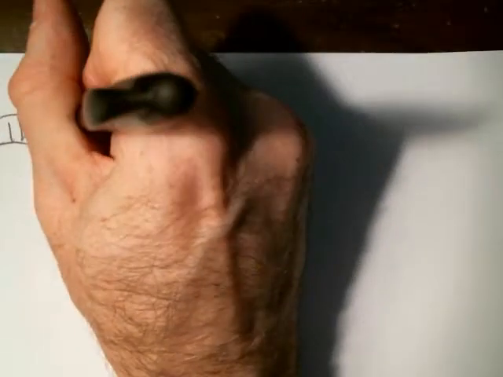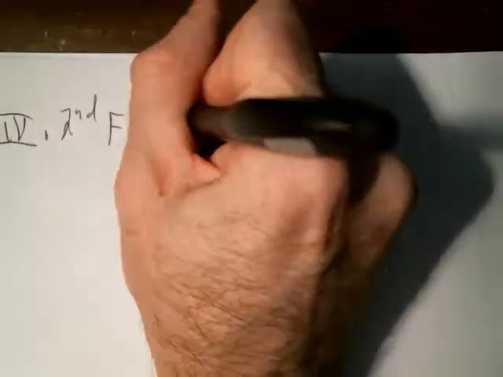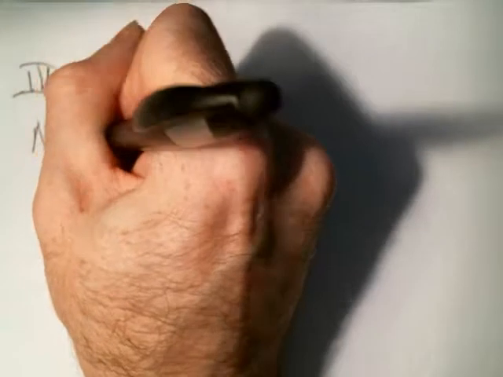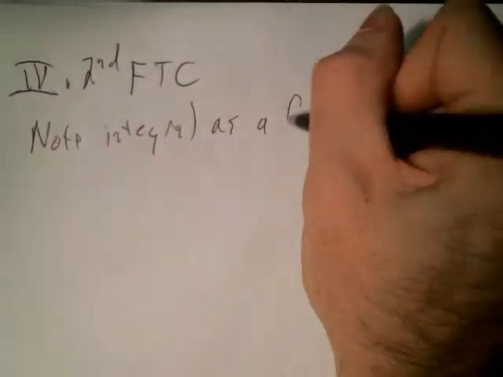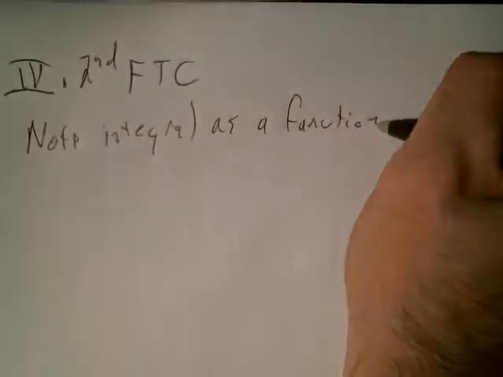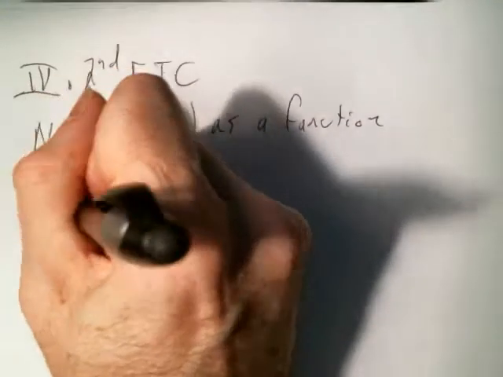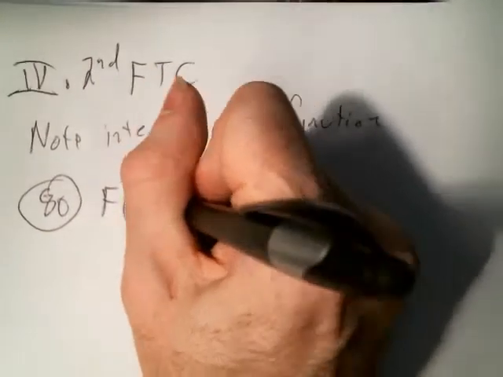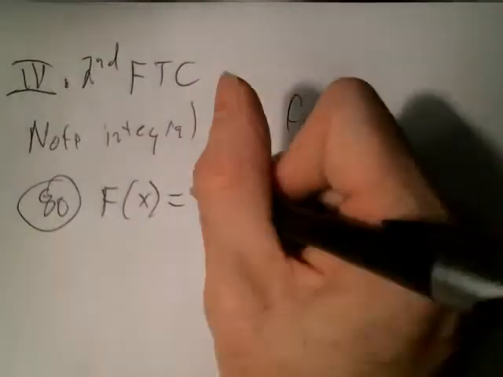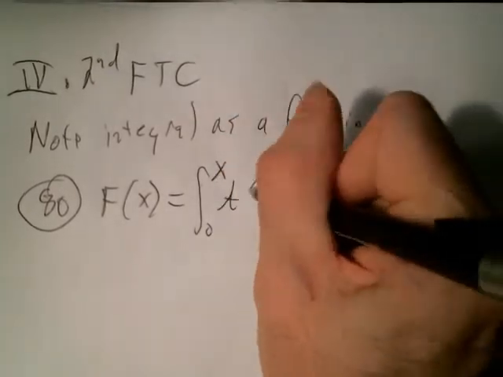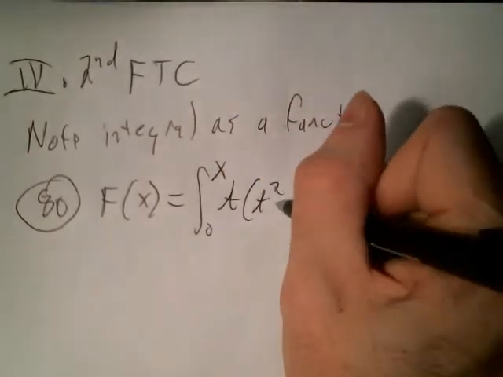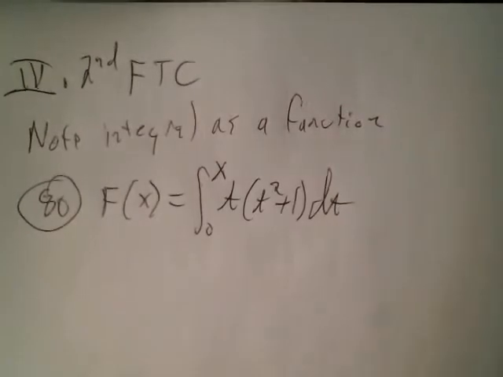Let's look at the thing first. So section 4, the second FTC. Note the integral as a function. Basically number 80, now we're thinking of this integral as a function of x, where we're going from 0 to x of t times t squared plus 1 dt.